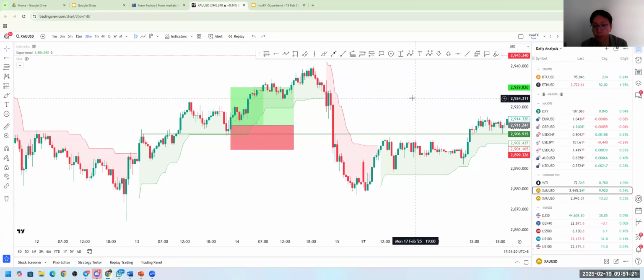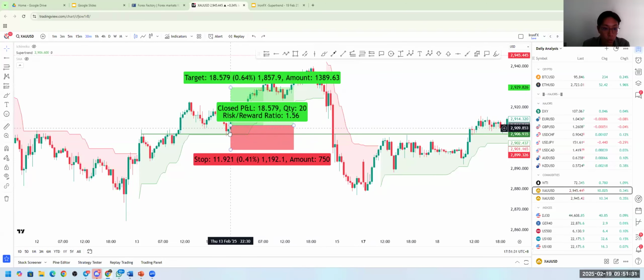So there are a lot of different conditions. News can definitely impact the trends a lot. If let's say you trade during this period, it might actually go the opposite way.